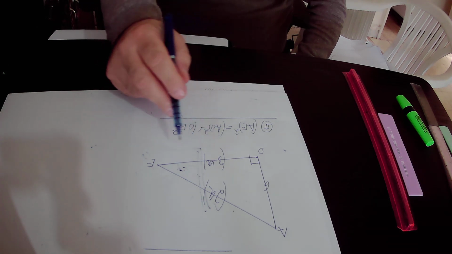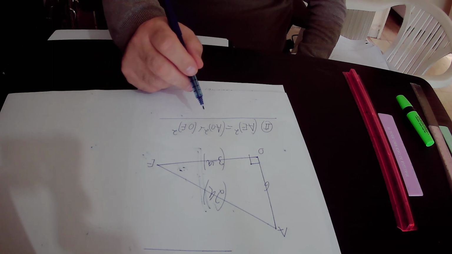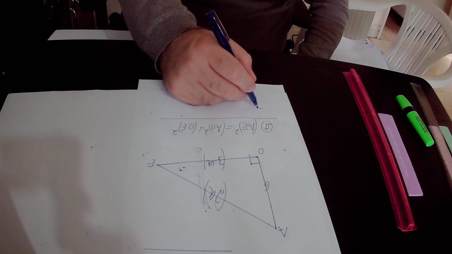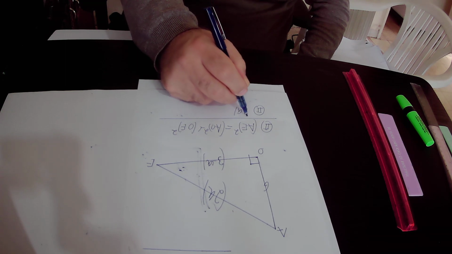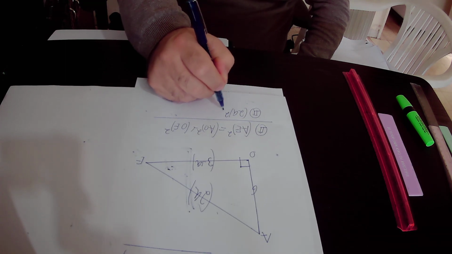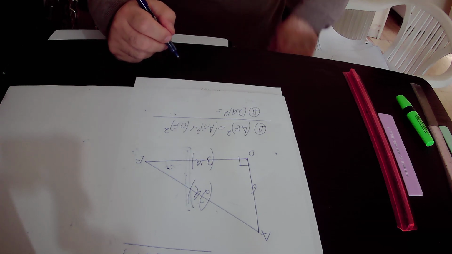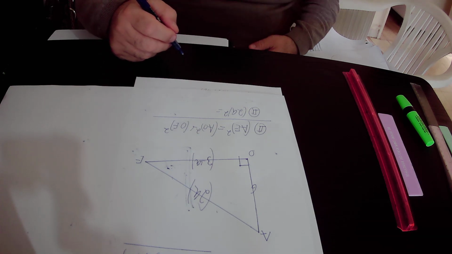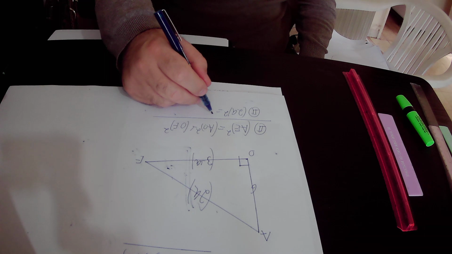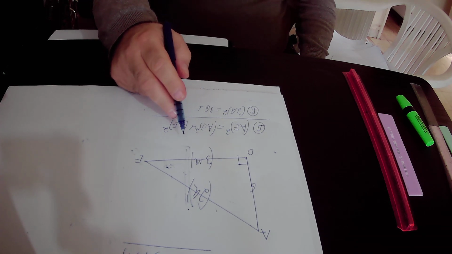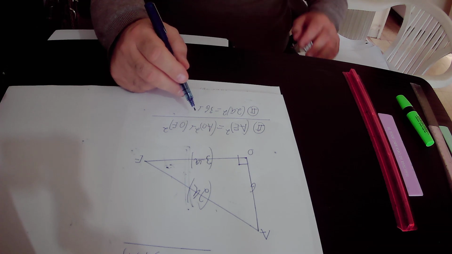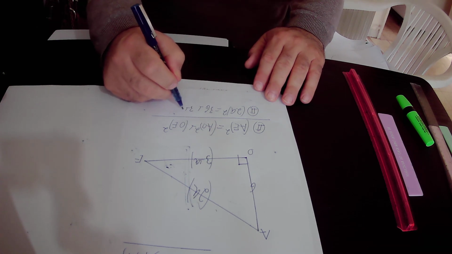AE equals 2A, so AE square is 2A squared. And it is equal to AO square. AO equals 6, so AO square is 6 squared, that is 36, plus OE square. OE equals 3 plus A, so OE square will be equal to (3 plus A) squared.